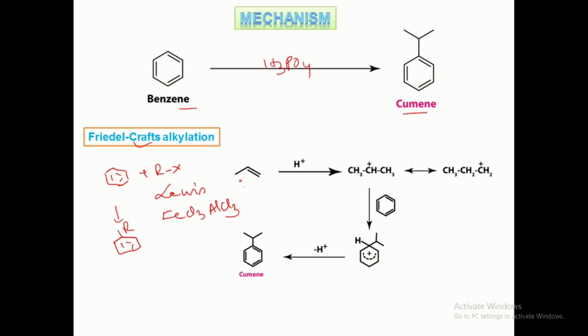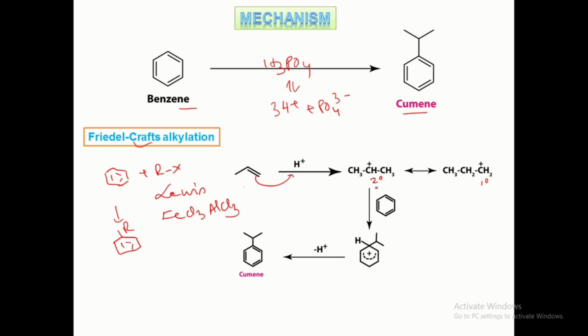Now see, this propene reacts with H+ ion. This H+ ion comes from phosphoric acid, because phosphoric acid ionizes to form 3H+ and PO4 3-. So this propene reacts with H+ ion to form two carbocations. One is a 2 degree carbocation, another is a 1 degree carbocation.